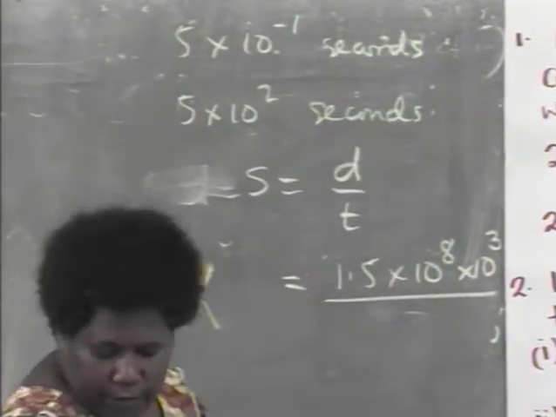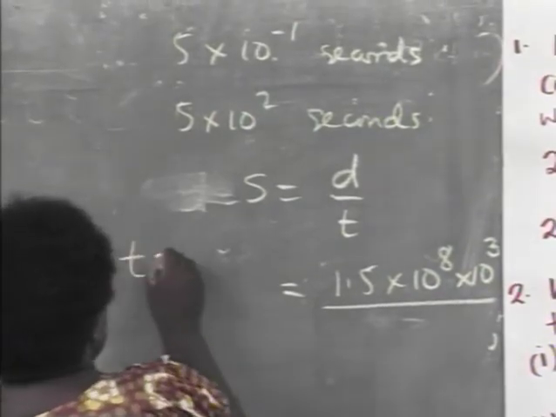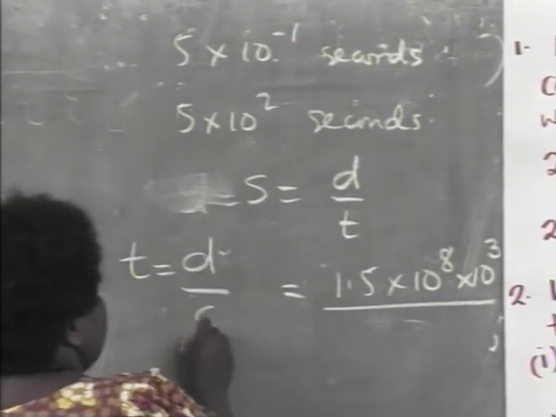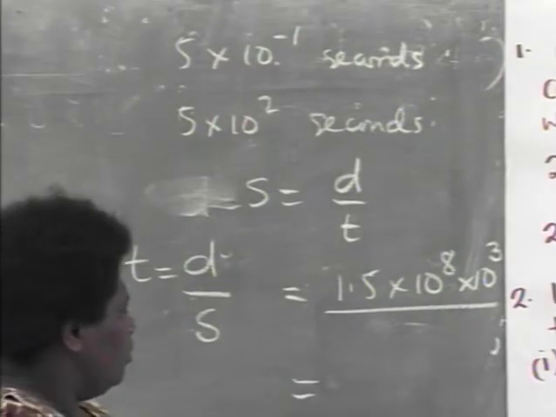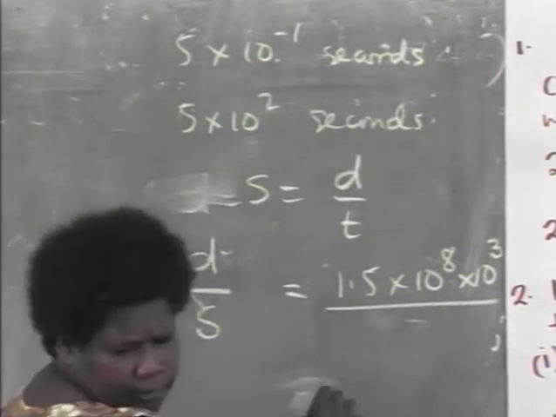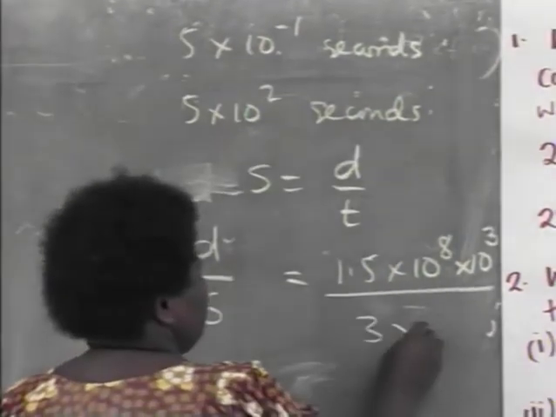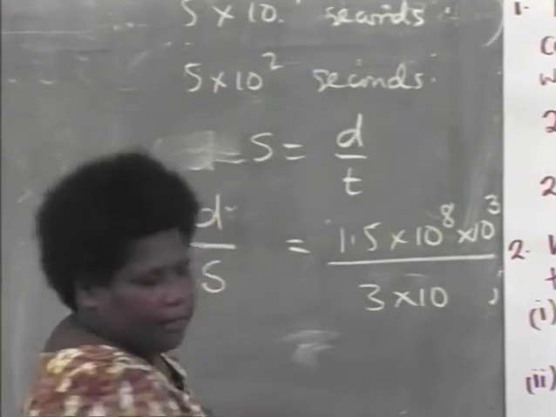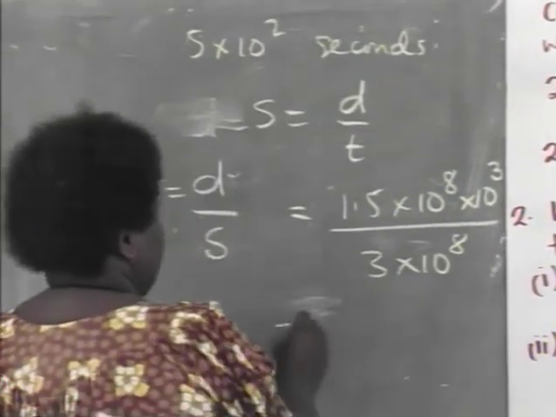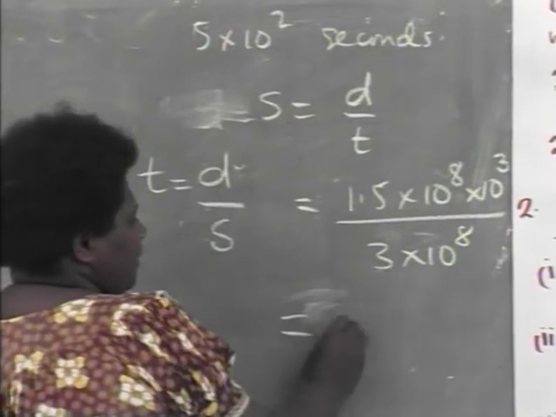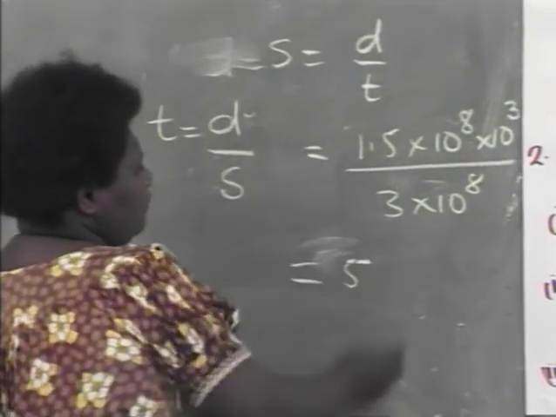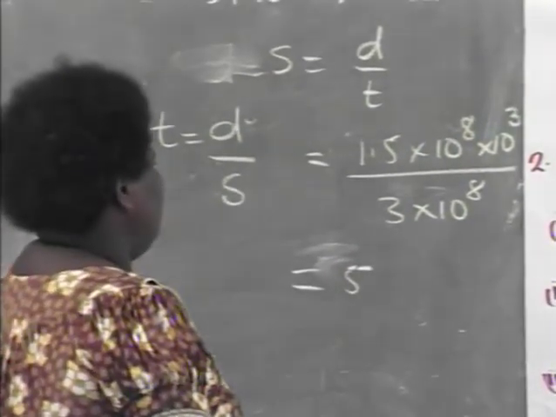Divided by, we are looking for that time. Time is equal to distance over speed. So that's 3 times 10 to the power of 8. Okay, 1.5 divided by 3 is 0.5.